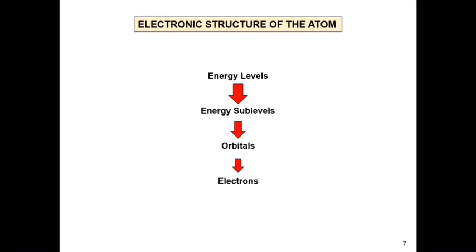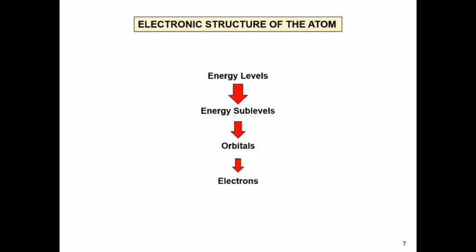And within these energy levels, you have the energy sublevels, which are described by the angular momentum quantum number. These are your S, P, D, and F sublevels. And in these sublevels, there are orbitals, which are described by the magnetic quantum number. These are the S, P, D, and F orbitals.